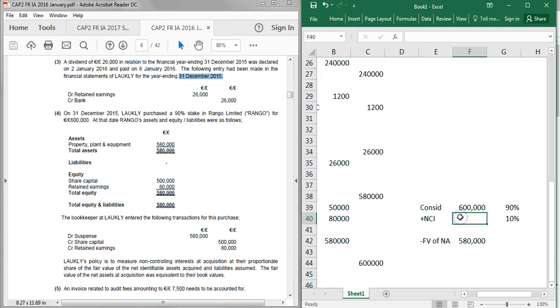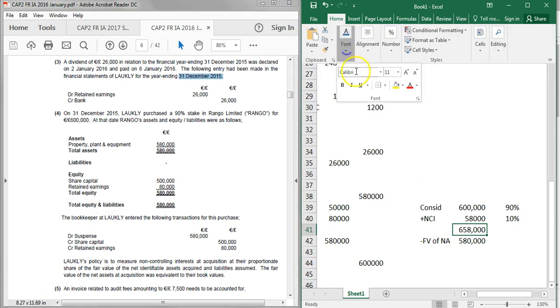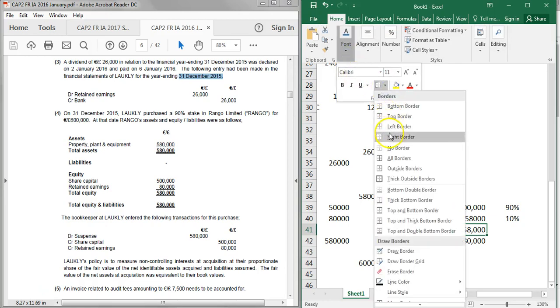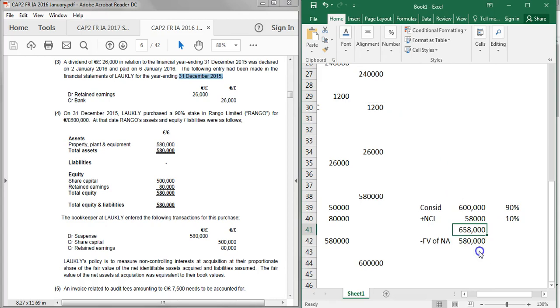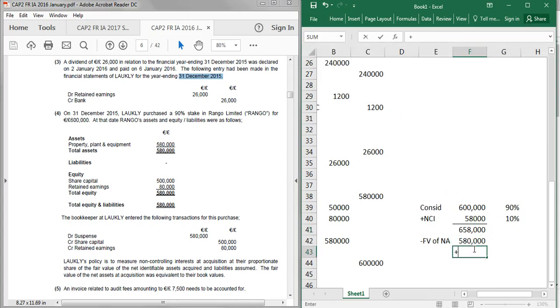So that means the NCI is going to be 58,000, 10% of the fair value net assets. So then the goodwill is the difference between the consideration plus the NCI minus the fair value net assets. You paid more than what it's worth, to the tune of 78,000.